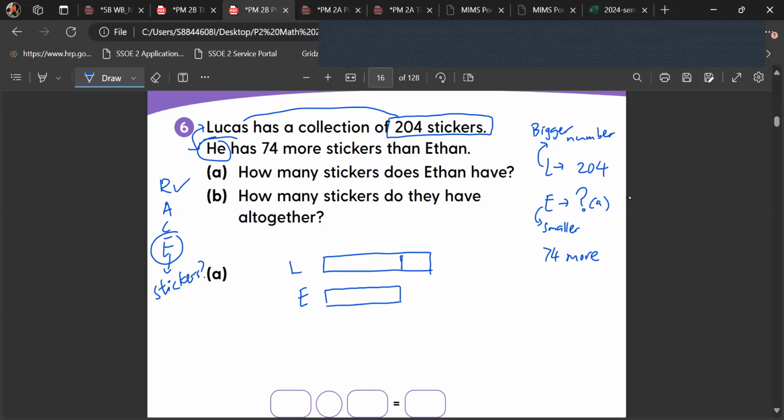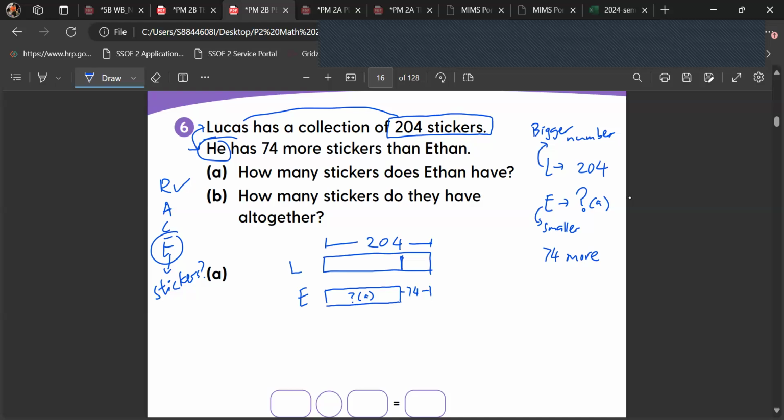So here I can write, cut out, this is the extra, this is 74 more. Lucas has more. Lucas is 204. Part A is a total question.